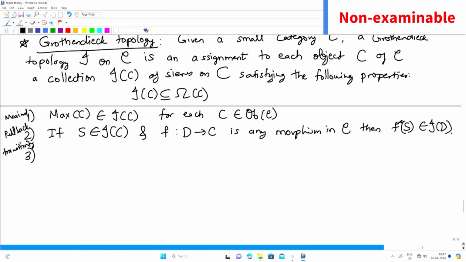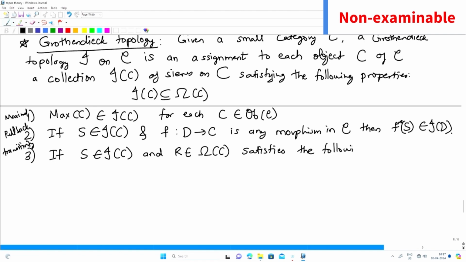Now transitivity is a bit hard to understand. So if S belongs to JC and R belongs to omega C satisfies the following. What is the following condition?